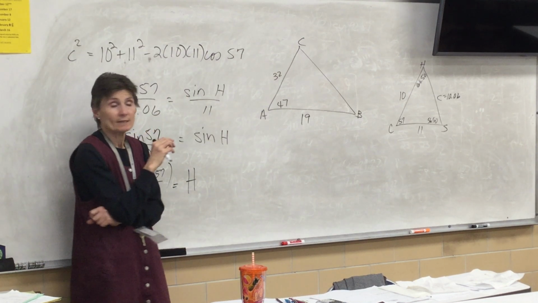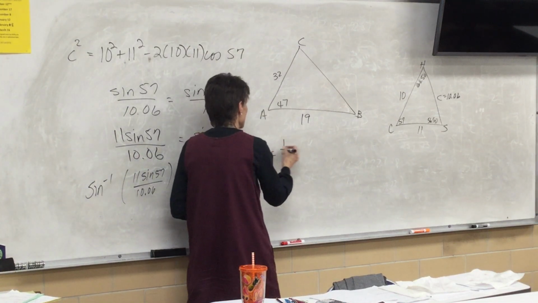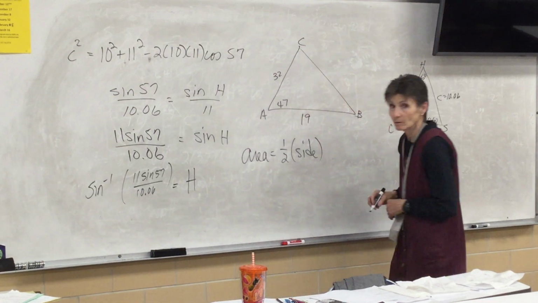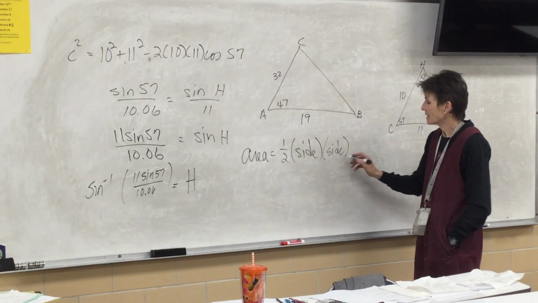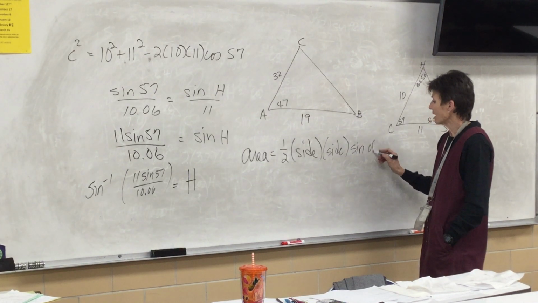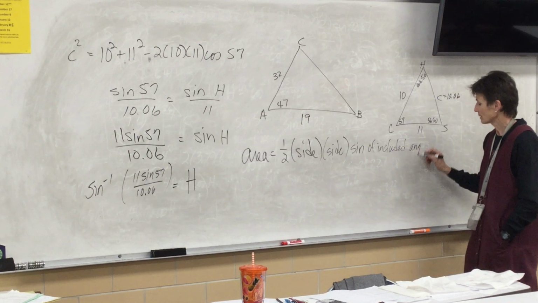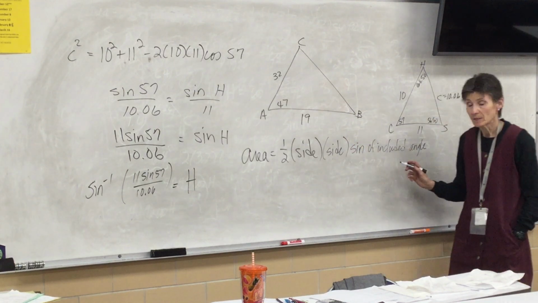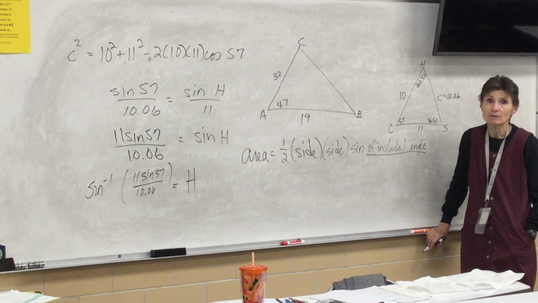The first new area formula you're going to write down is that the area of a triangle can be found by taking 1/2 side times side times the sine of the included angle. We call this 1/2 side sine, but it's important that you take the sine of the included angle.